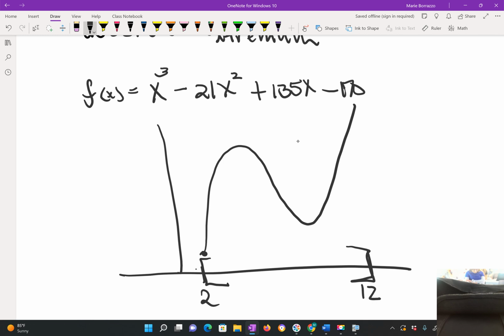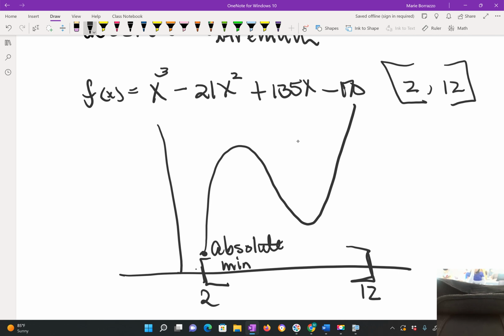So my absolute minimum, believe it or not, in this case, is because the 2 and the 12 are inclusive. So I'm specifically saying the window is when x is 2 through when x is 12, and that is inclusive. So I'm actually throwing that value in here.